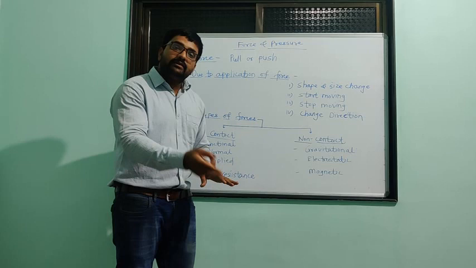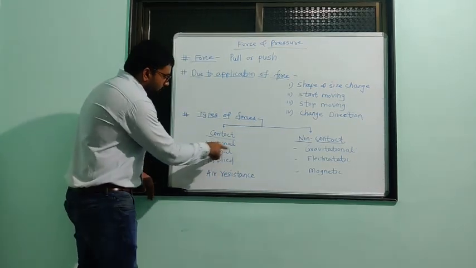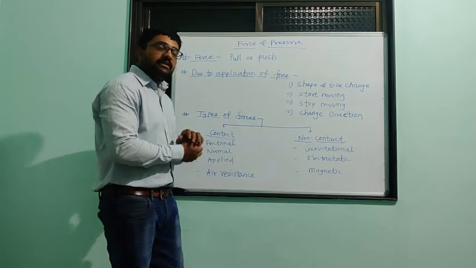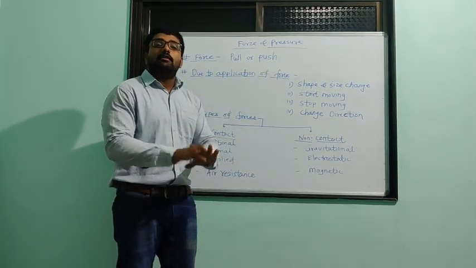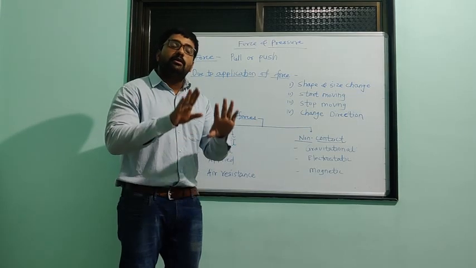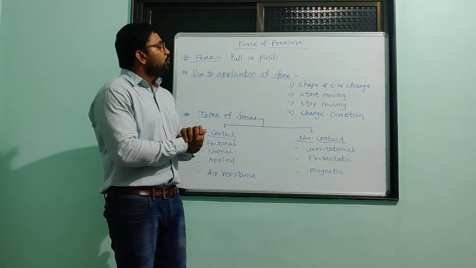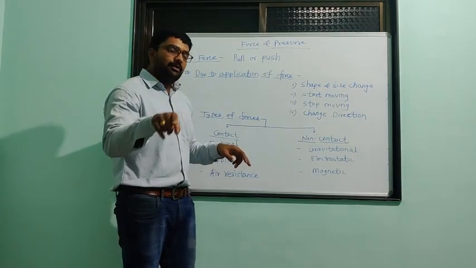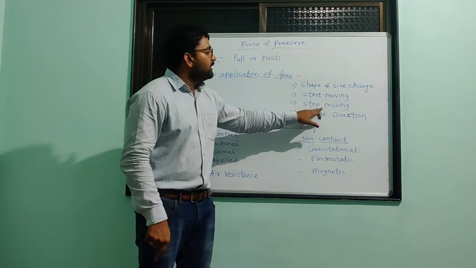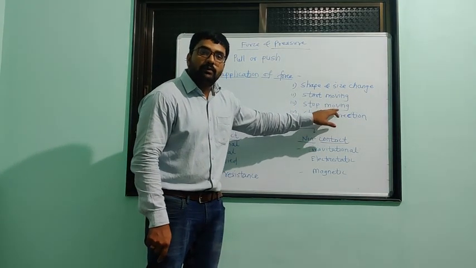Friction is what? It is also a type of force. Look here, frictional force. Due to that frictional force, our object stops, or its motion gets stopped. So from this example we studied that an object may stop moving due to the application of force.